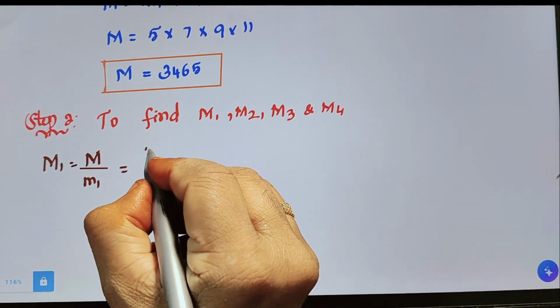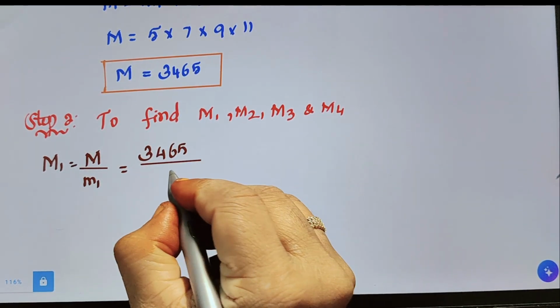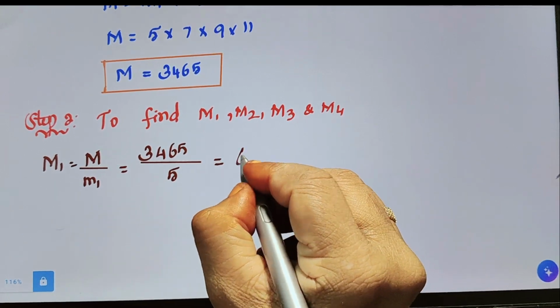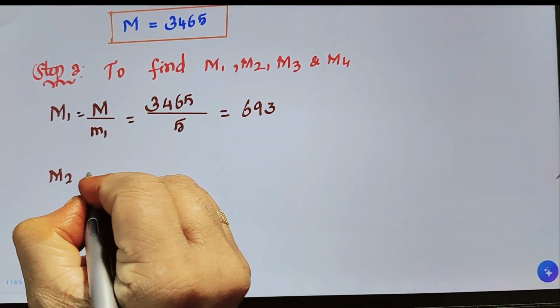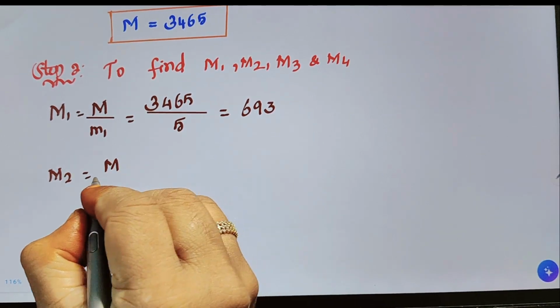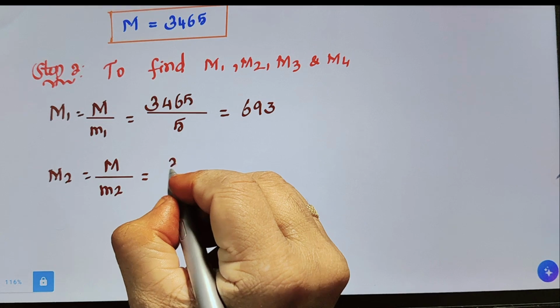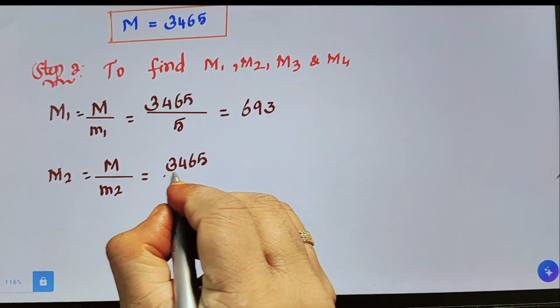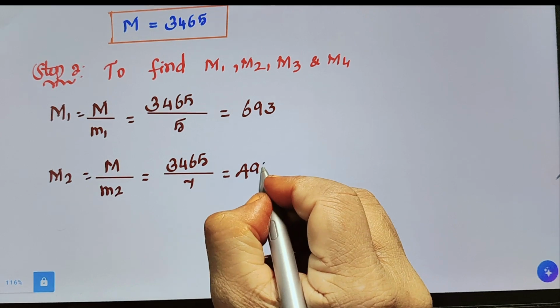Here the capital M value 3465 divided by small m1 value 5. The answer is 693. Next M2 equals capital M divided by small m2, that is 3465 divided by 7, which is 495.